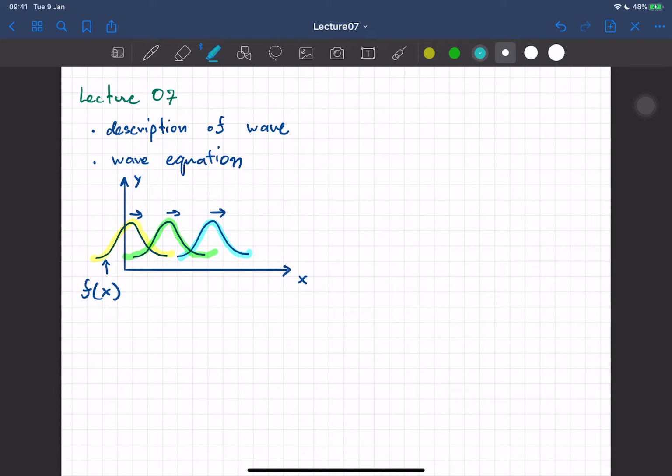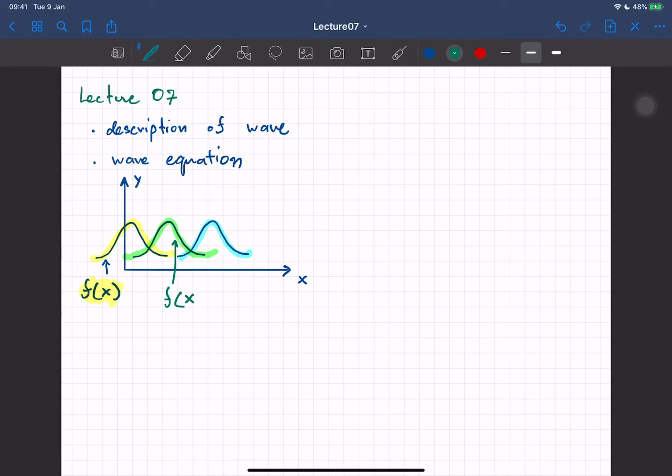Well, hopefully you remember from your previous class in any mathematics class, if you want to displace the graph, what do you do? You add or subtract your x variable by how much you want to displace. For example, if I have the yellow one given by this function, the function for the green one here is f of x.